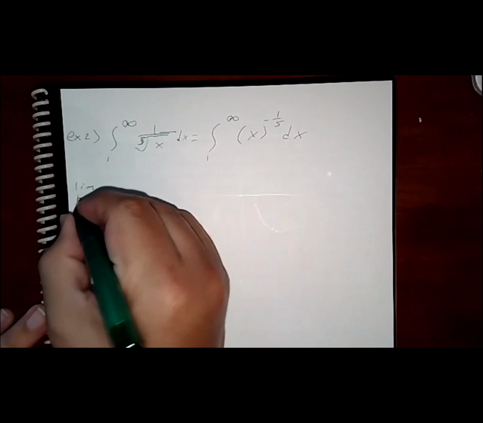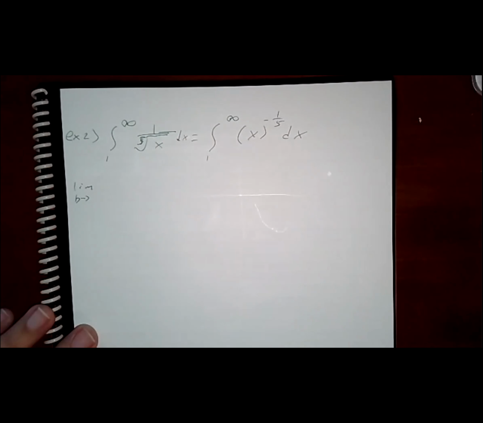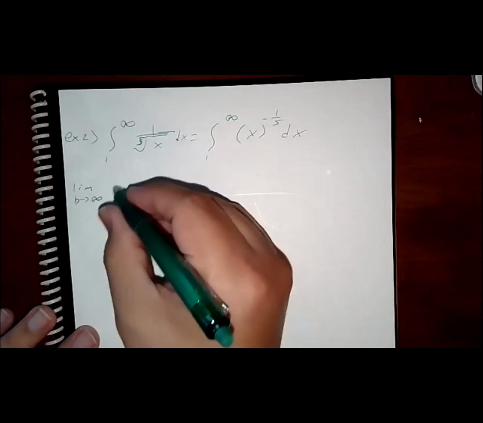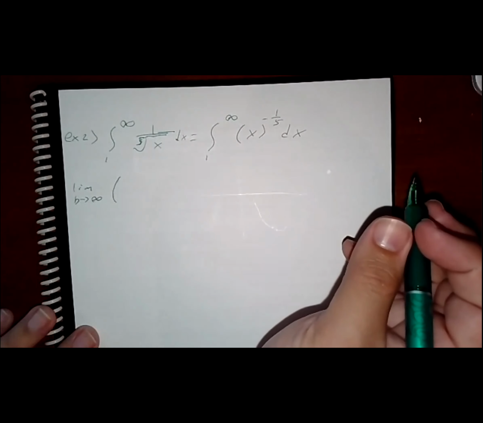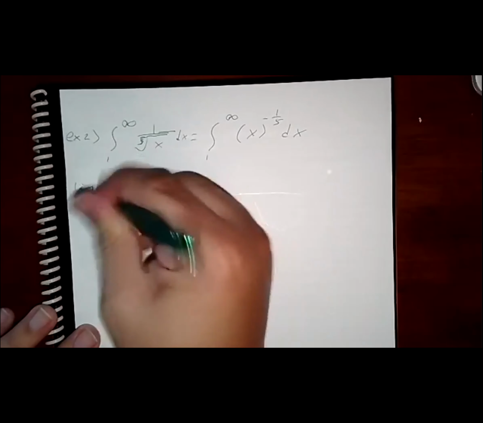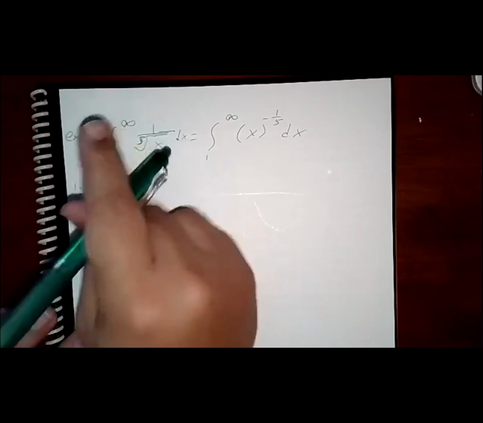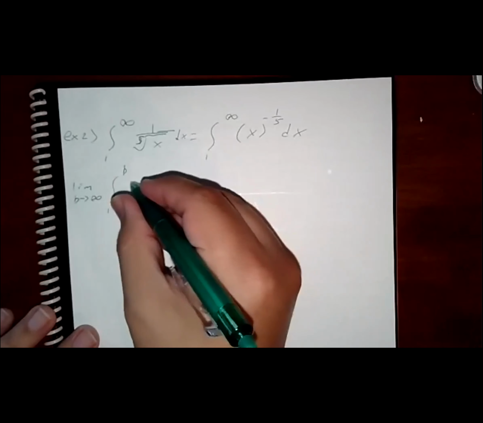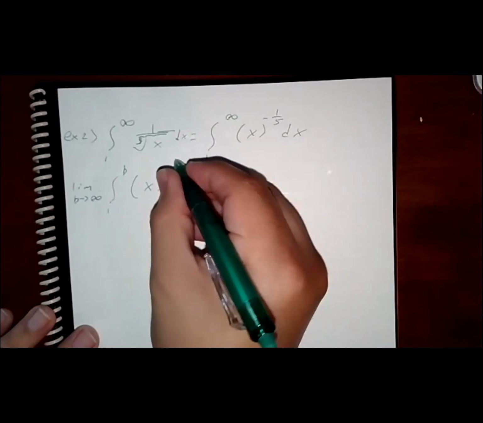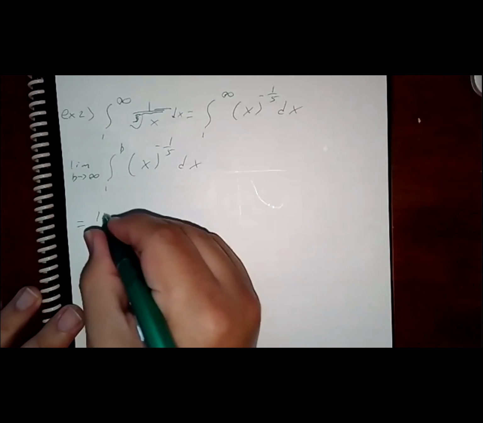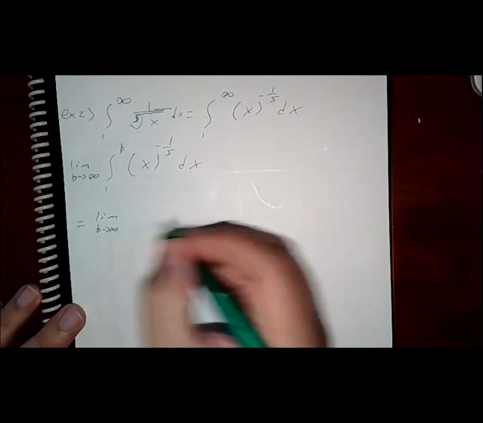So that'll be, as b approaches infinity, the integral from 1 to b of x to the negative 1/5 dx. Take your integral. We've got to keep writing the limit until it's done, until you take the limit, of course.